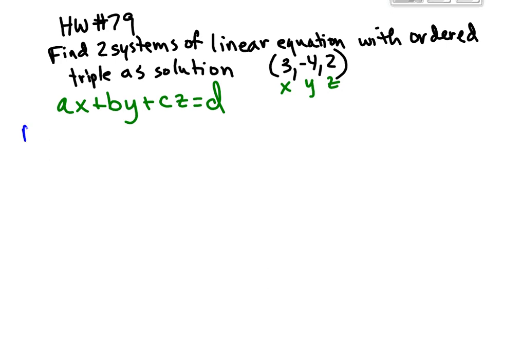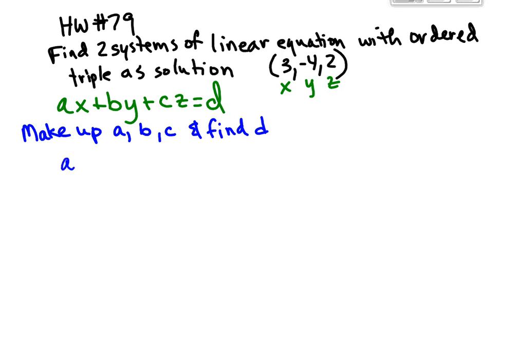So if I was there, I would have you tell me some values, but I'll just use these that I've used before. So we make up A, B, and C and find D. We know that the solution is 3, negative 4, and 2. So we know what x, y, and z are as we put them in here.